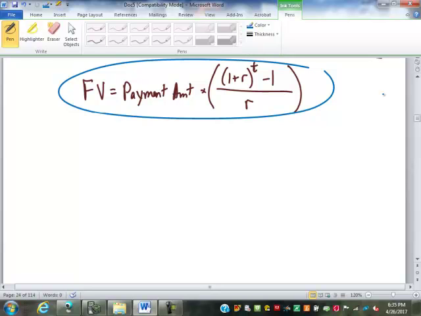What page in the book? Good question. Let's find that here. So this is chapter 14. The table for the annuities is on page 501. If you look below the table, there's that little formula.